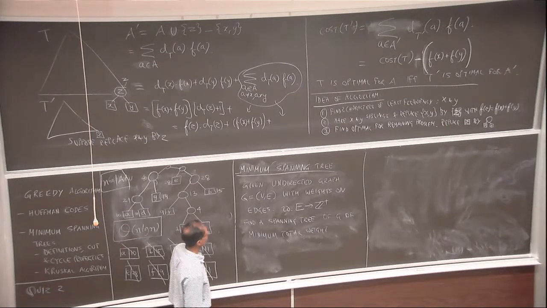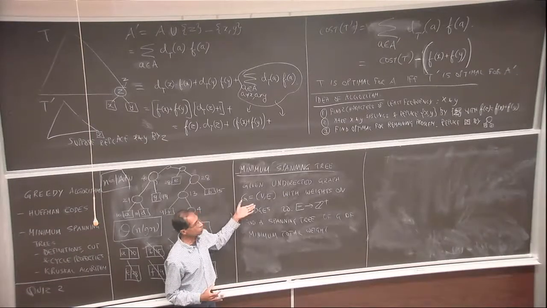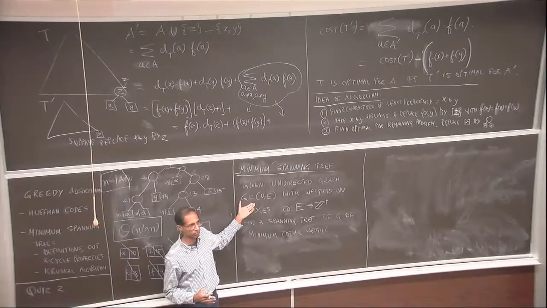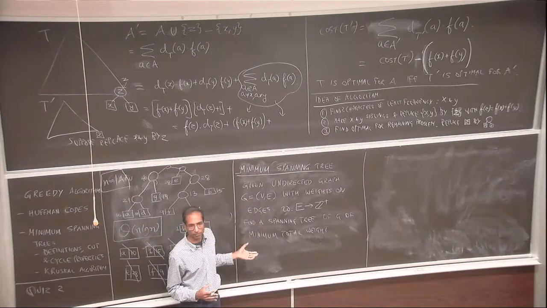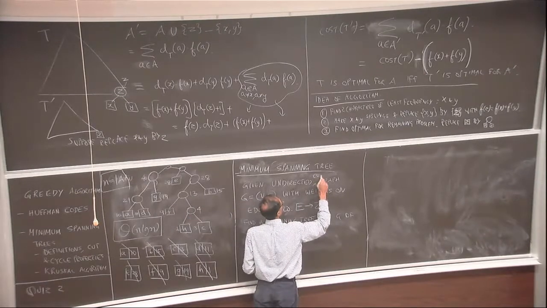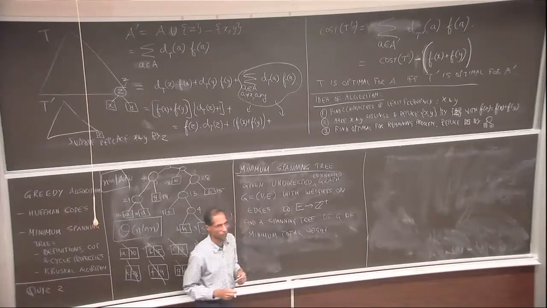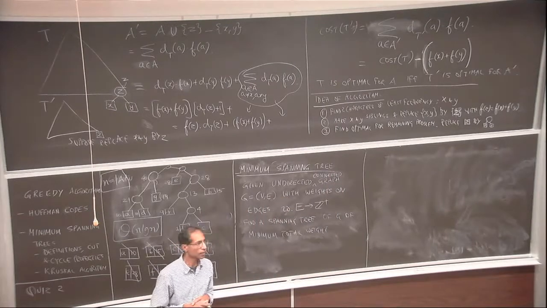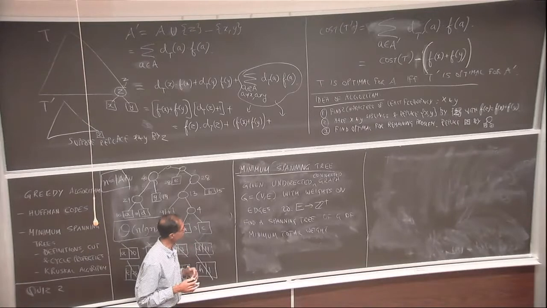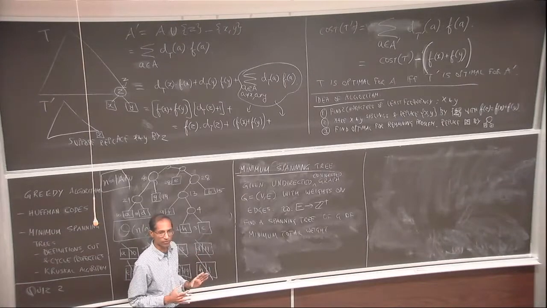So the first thing to observe is if you want a tree that connects every single vertex, then you want G to be connected. Because if G is not connected, you cannot find a minimum spanning tree. So our graph would be connected. Okay? The second thing to observe is that we will be focusing our attention only on undirected graphs. Okay?